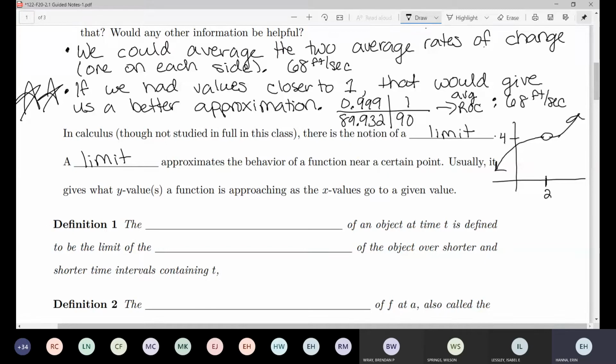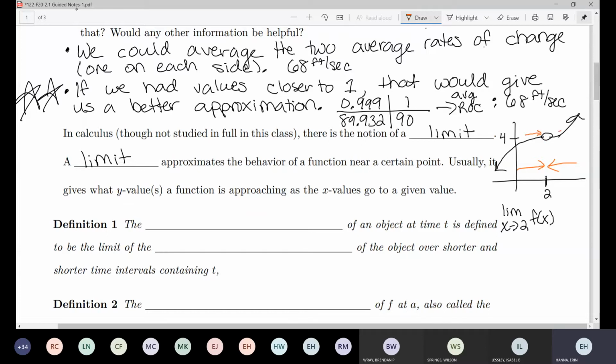But what I can do is talk about the notion of a limit. Don't get freaked out by the notation, because we don't talk about this in full generality. This is just the notation you would use. If I were to ask the limit as x approaches 2, we're looking to see what the function's doing as my x values approach 2. I can't say what f of 2 is because that doesn't exist.